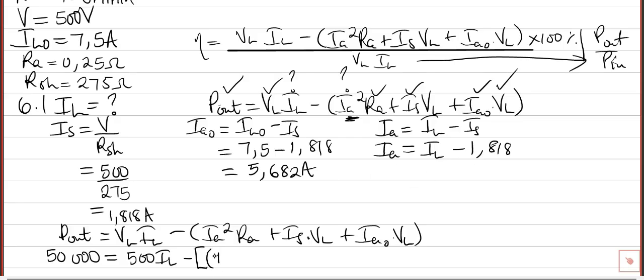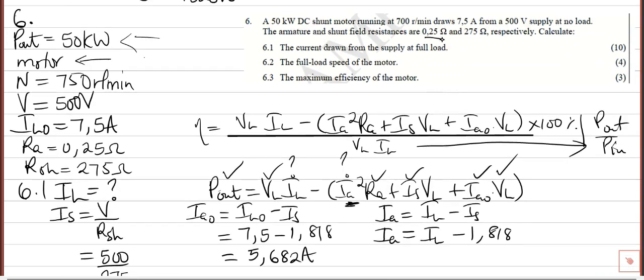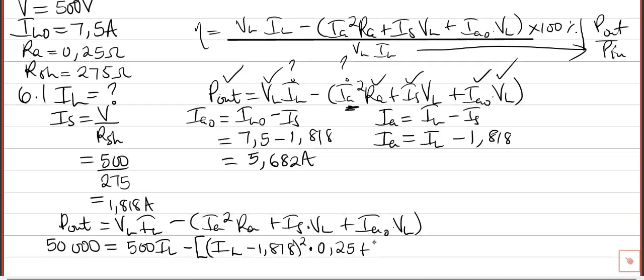So we're going to have IA, it's going to be IL minus 1,818 squared times my RA value. My RA value, they gave us 0,25. Next, we have our I shunt.